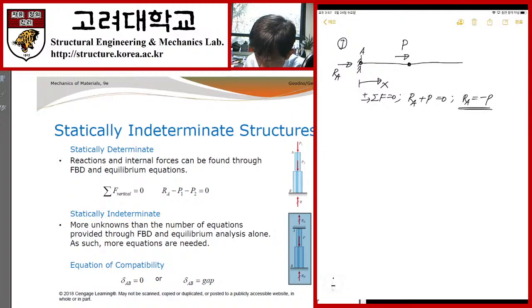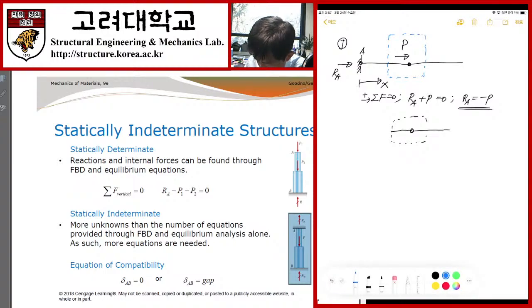So now let's determine the internal force. I want to build a free body diagram. Let me extend the free body diagram like this, because in this part there's no force.